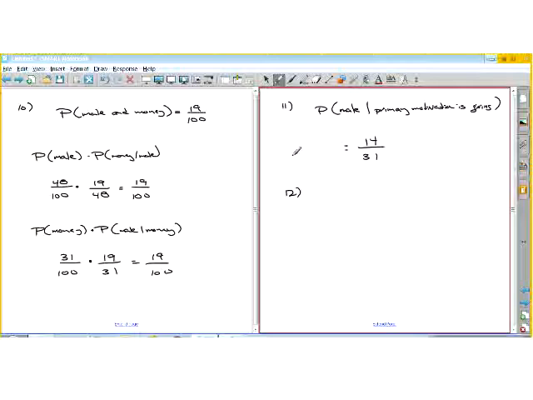And then number 12 says, motivated primarily by money or creativity, given that the student is female. In that case, the given information is that the student is female, so the denominator is set by this particular thing. Just like here, 31 people were interested in money, 48 people were males. So given that the student is female, the denominator has to be 52.